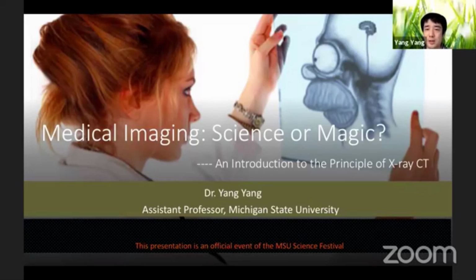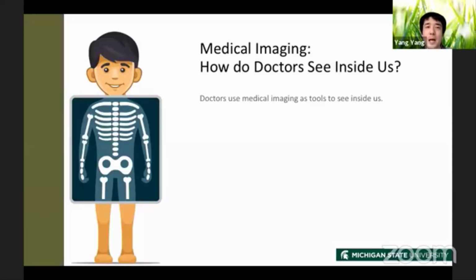And today I'll use the X-ray CT as an example to introduce the principles of medical imaging, because this is a method that's probably the most popular one. As we have explained, medical imaging are the techniques that a doctor uses to see inside our body for diagnosis, for clinical analysis, and for medical intervention.